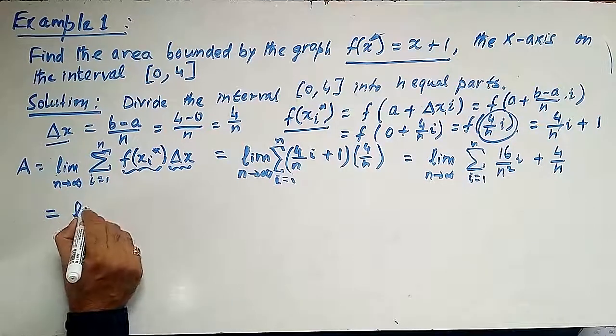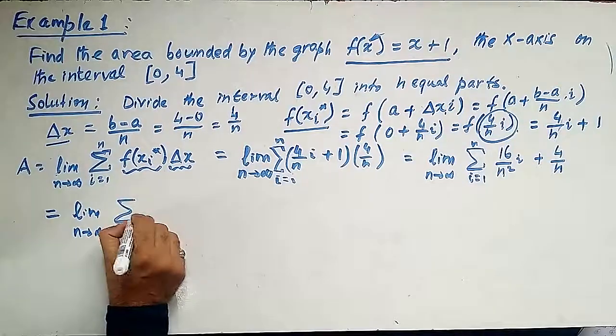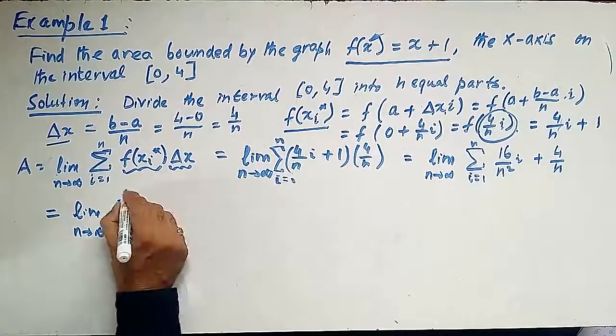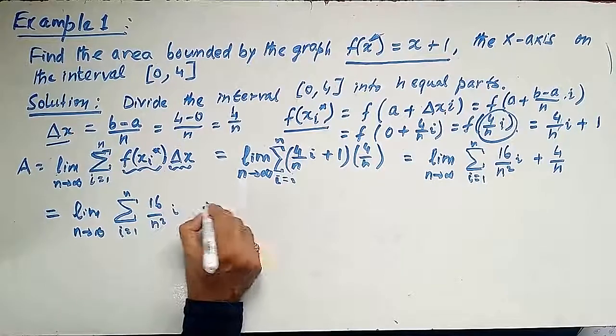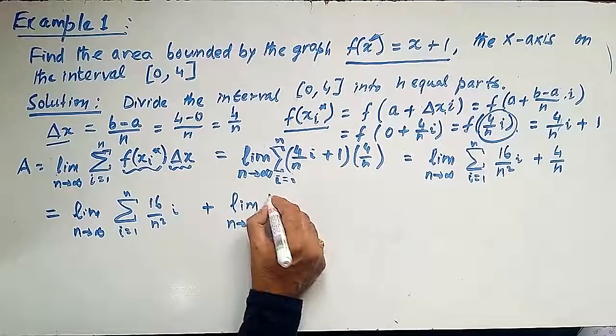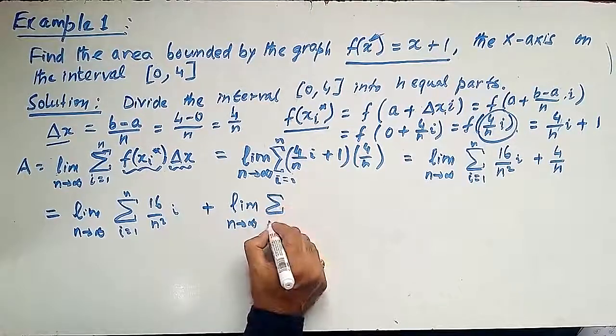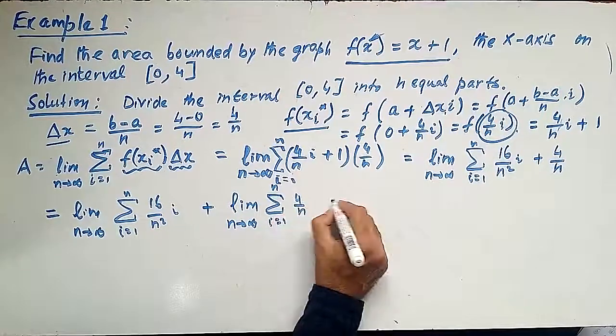This is equal to limit as n tends to infinity, summation of i equal to 1 to n of 16 by n squared i, plus again limit as n tends to infinity, summation of i equal to 1 to n of 4 by n.